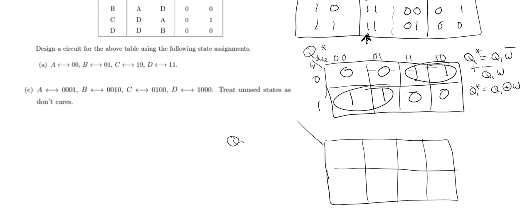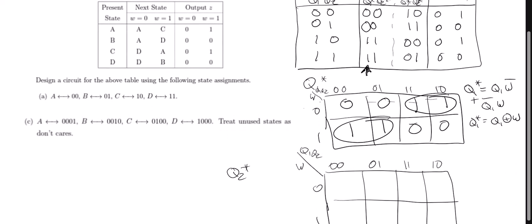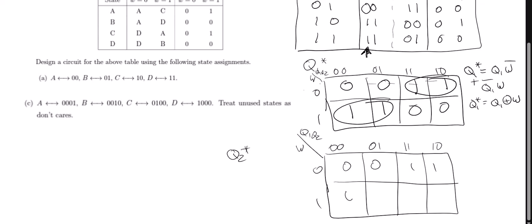So this is Q2 star. Q1, Q2, and W. So now we're looking at the second column. We can see for W equals 0, it's the same as Q1. And for W equals 1, for 0, 0, it's 0. For 0, 1, it's 1.